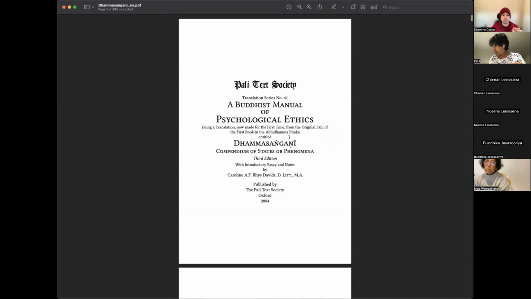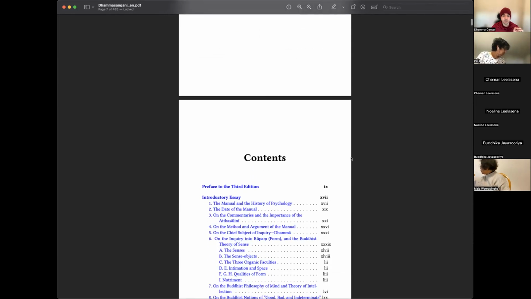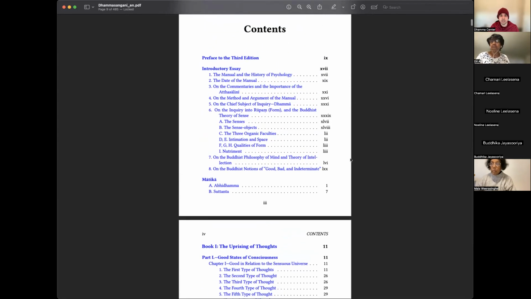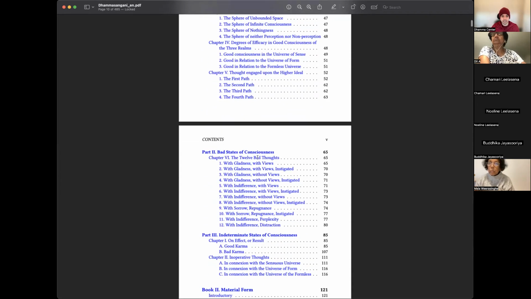This is the translation of Dhammasangani by PTS. This translation is for reference, for when you want to refer to the Moola. This part, book 1, is Chittupada Kanda. Chitta, thoughts, Uppada, uprising. Chittupada Kanda, that is book 1.